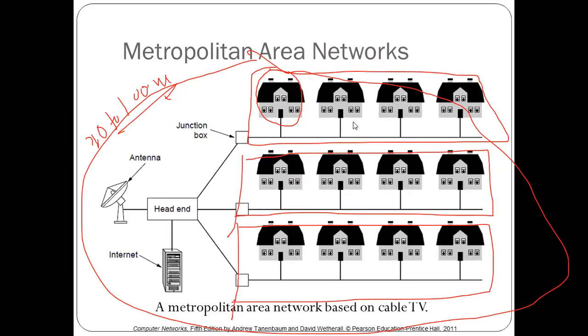We need cables which can carry more packets, and that is possible if they have more bandwidth. One example is coaxial cable, and we can also use fiber optics cable. These are basically the wires which can carry high rate data.